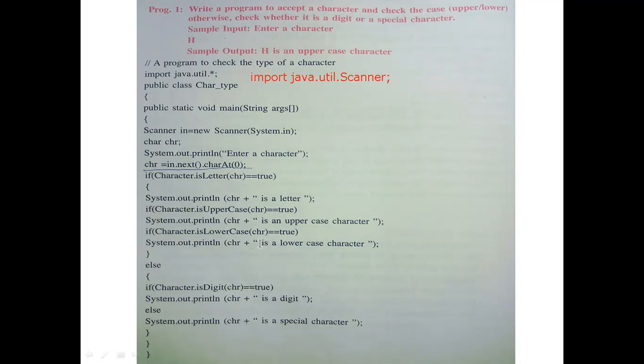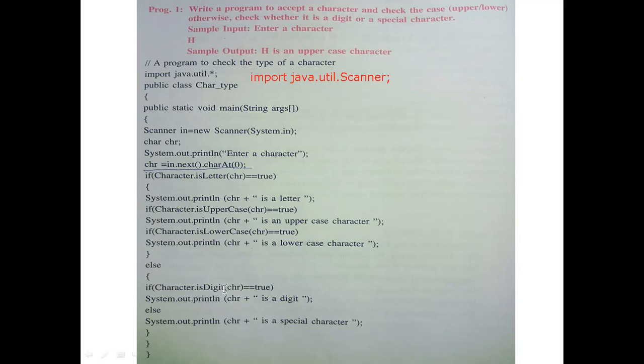Is it okay? Okay, sir. Yes. See, if this condition itself is not satisfied, the flower bracket is the true part of this statement. If the condition is not satisfied, we come to the else part. What is that? It is not a letter. Then only we come to the else part. Then we check Character.isDigit.